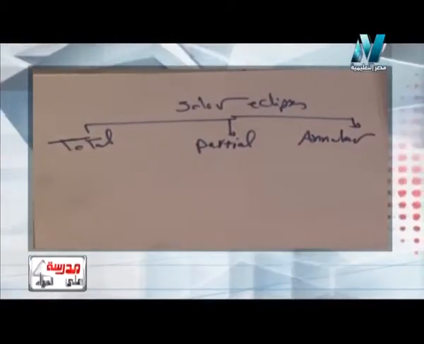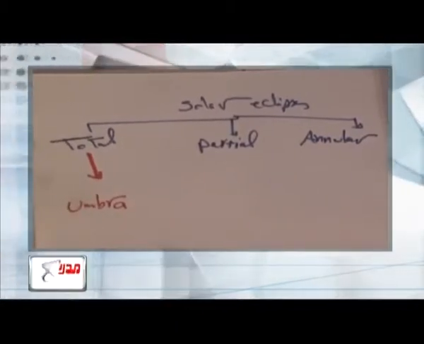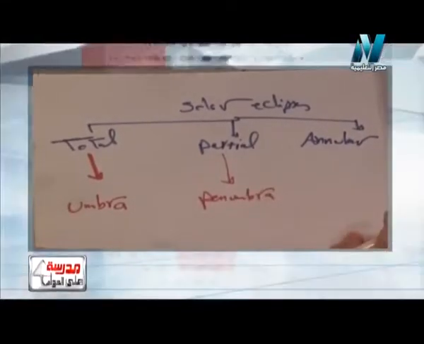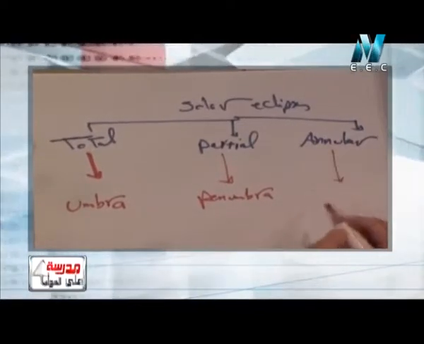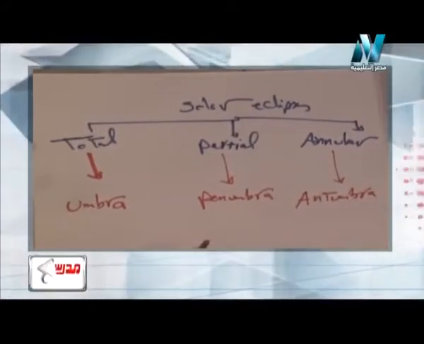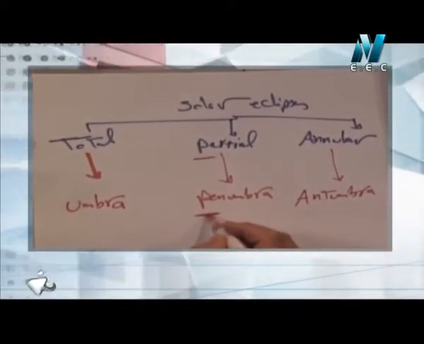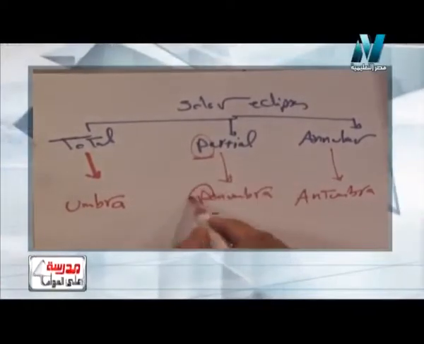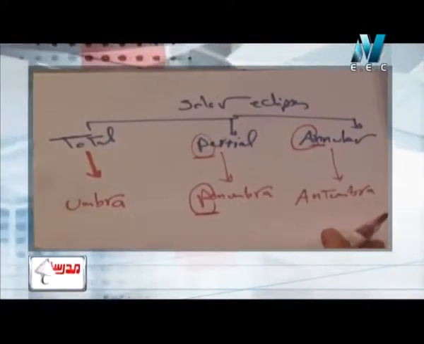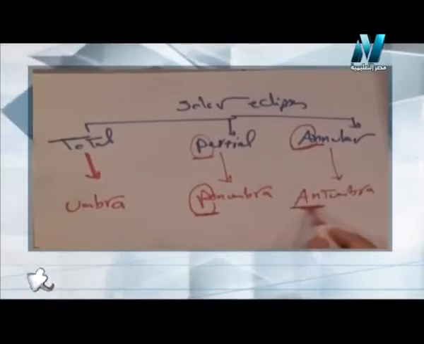So where does total eclipse occur? In the area of umbra. The partial occurs in the area of penumbra. The annular eclipse occurs in the area of antumbra. We must concentrate: partial begins with the letter P and penumbra begins with the letter P. Annular begins with the letters AN and antumbra also begins with AN.